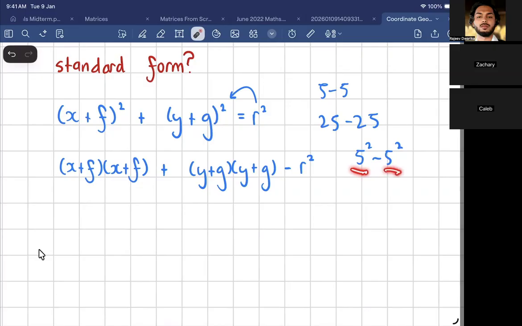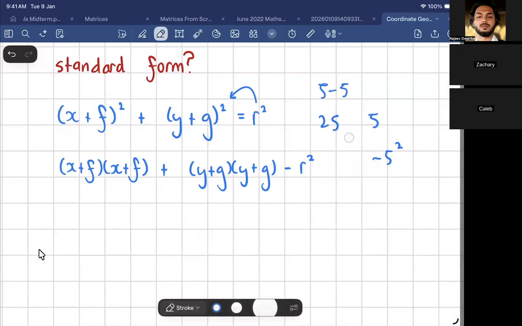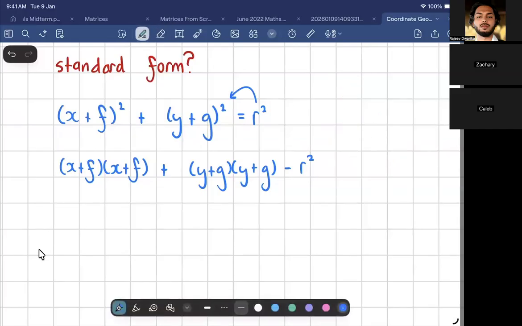Where's 25 minus 25? 0. So where's r squared minus r squared? 0. Right. What is alpha minus alpha? 0. And since we moved across the r squared, what do we have on the right-hand side now?